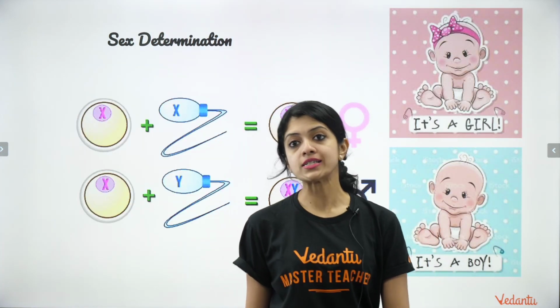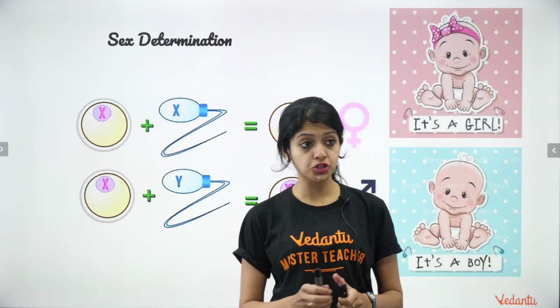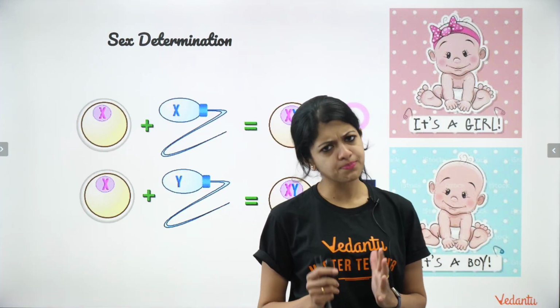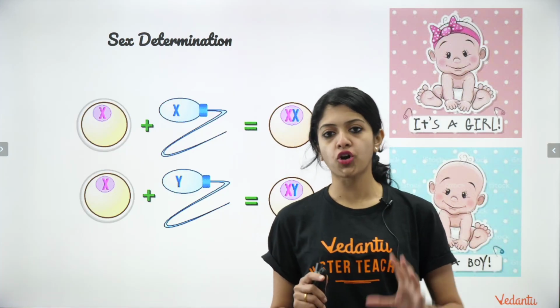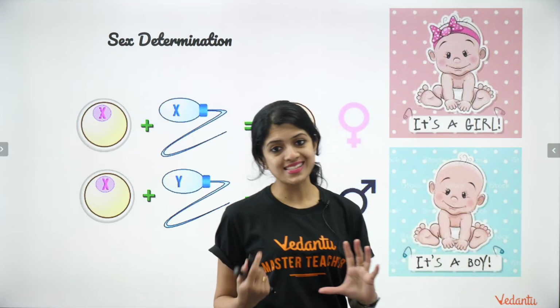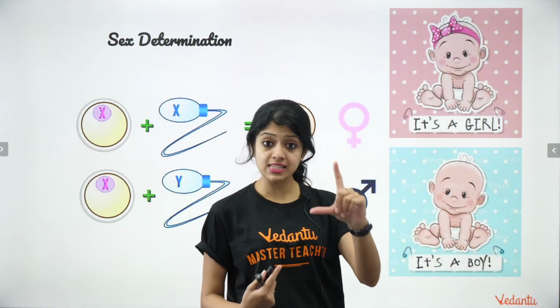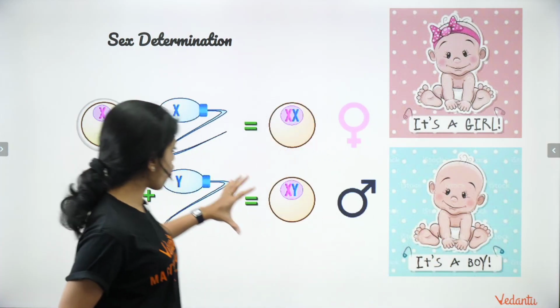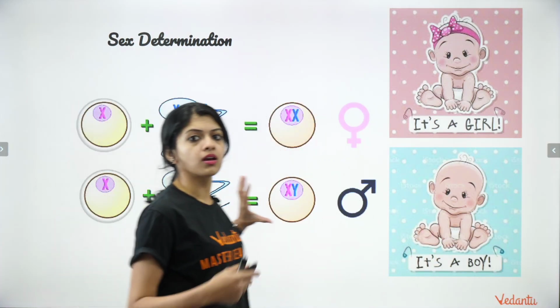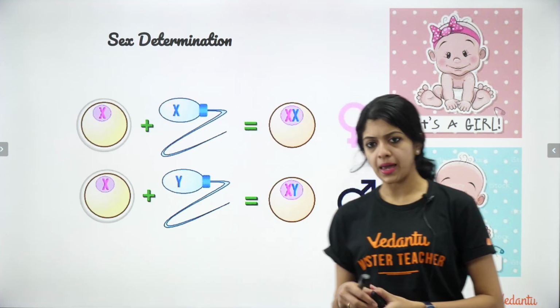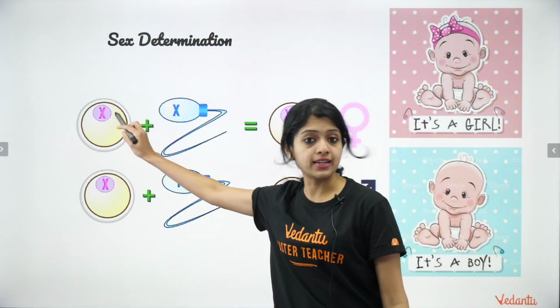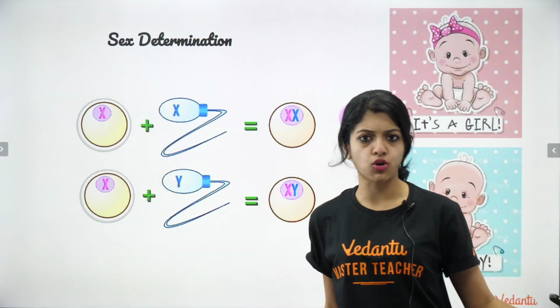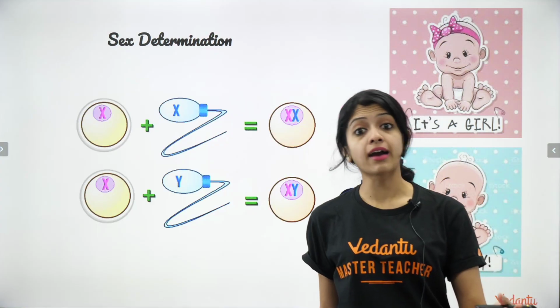And coming to the concept of sex determination, I'm sure all of you know this by now. How is the sex of a baby determined? It's determined at the time of fertilization. An egg is always destined to become a female baby. An egg always carries only an X chromosome because a female does not have a Y chromosome.